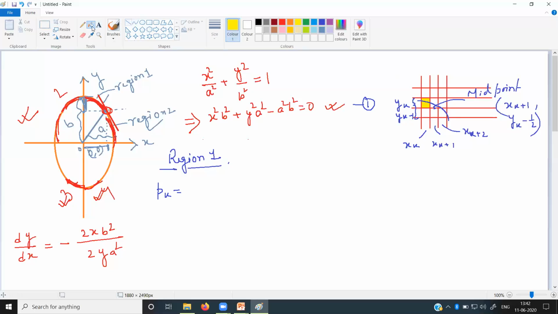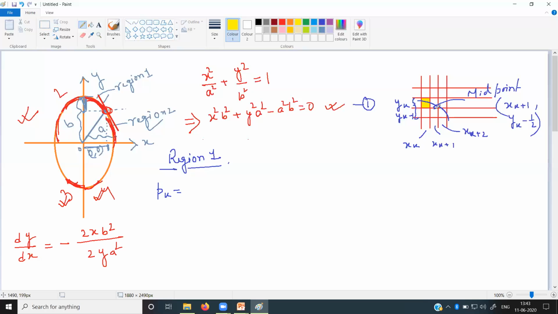Now for the value of x at k plus 1, I have to decide whether I should illuminate the yk pixel or yk minus 1. That means whether we should illuminate the upper pixel or the lower one.